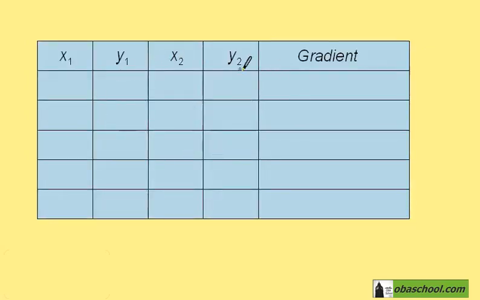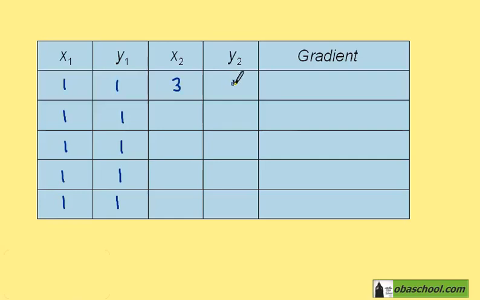We're going to continue this process using a table, as it will be less messy than continuing to use the graph. The point at which we were finding our gradient was the point 1, 1, so x1 and y1 are both 1.